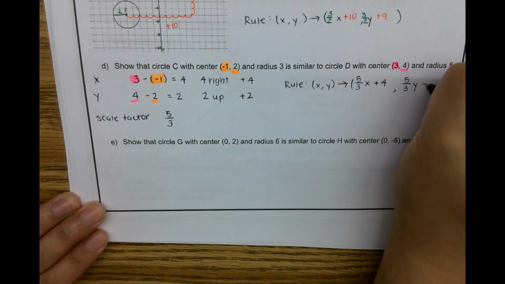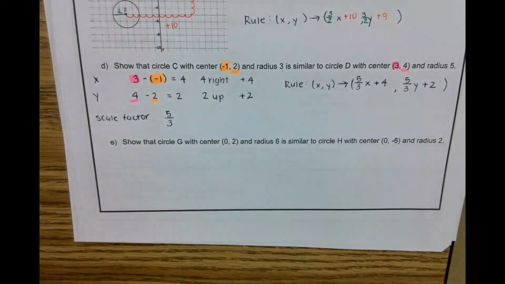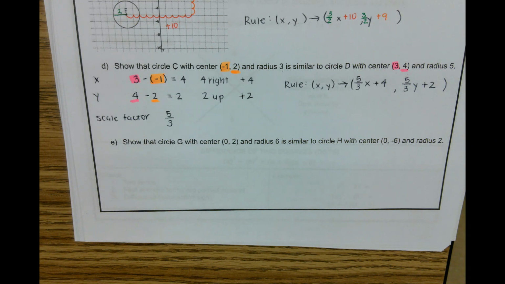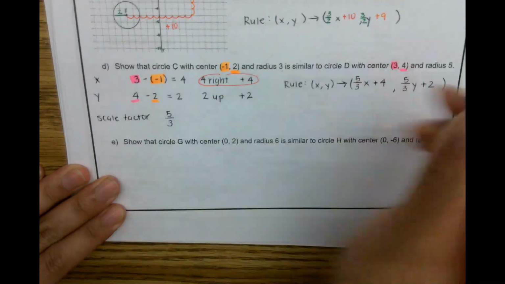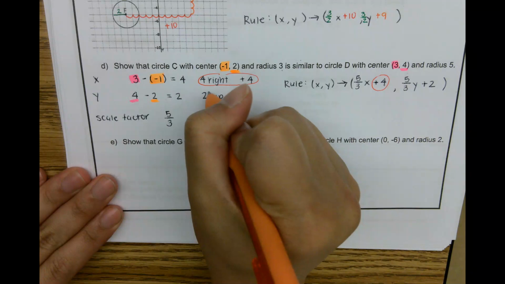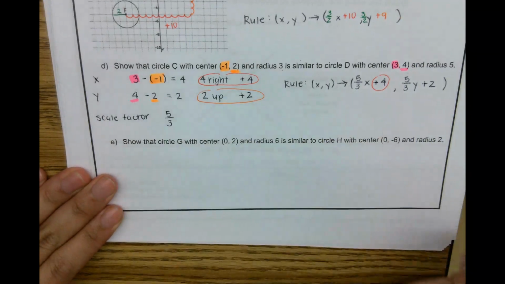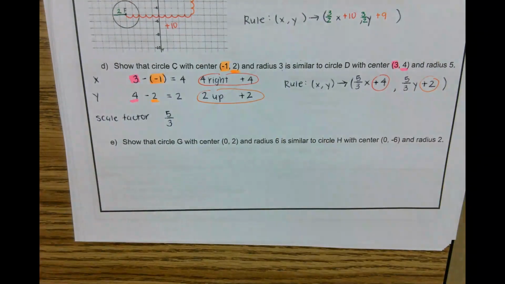And then added 2. So 4 right, 2 up. I think you can really tell that this is red and this is orange, but yeah, there we go.